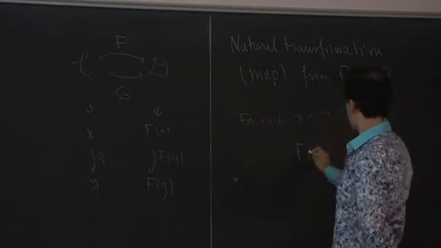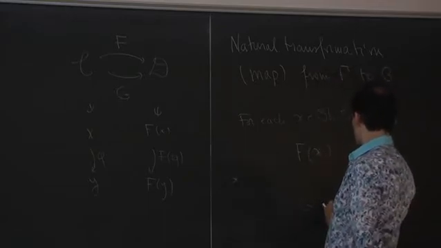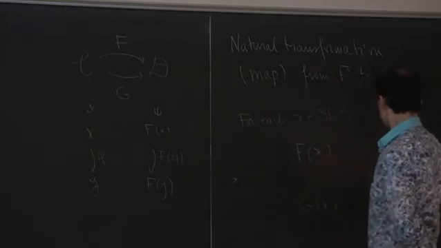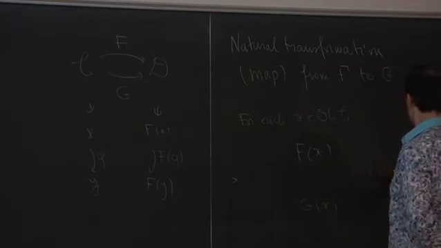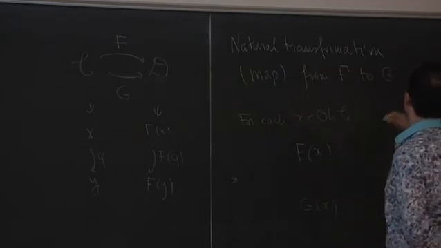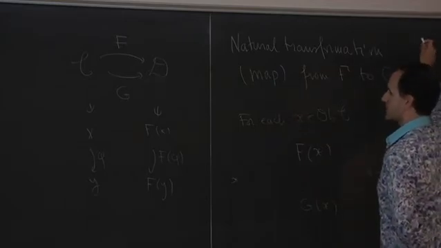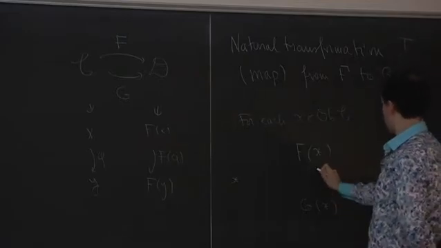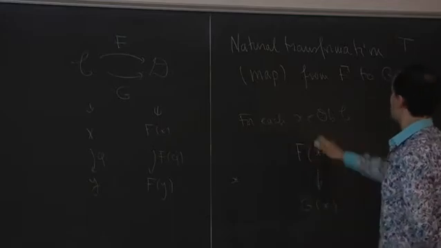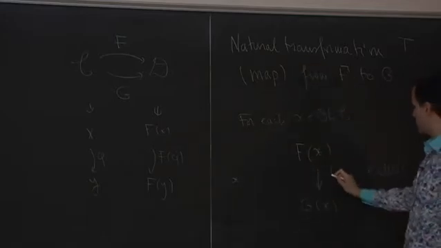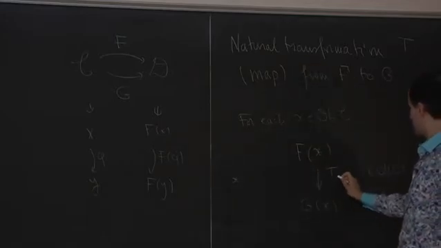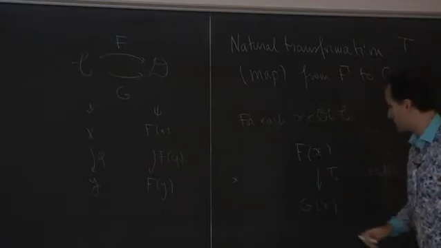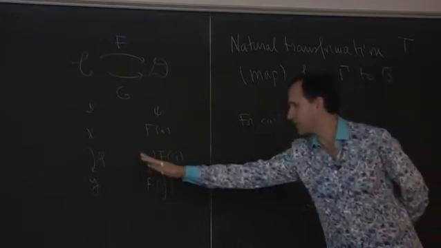You can send it to F of x, or you can send it to G of x, two objects in D. I need a name for this, T, maybe. The datum of a natural transformation is a morphism T_x from F of x to G of x, which is compatible with everything you can write down.